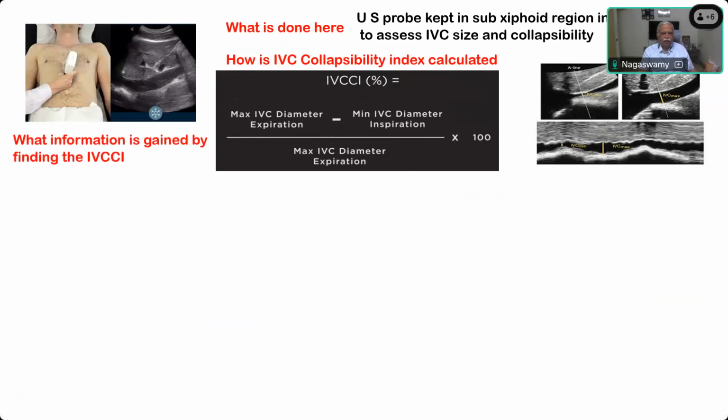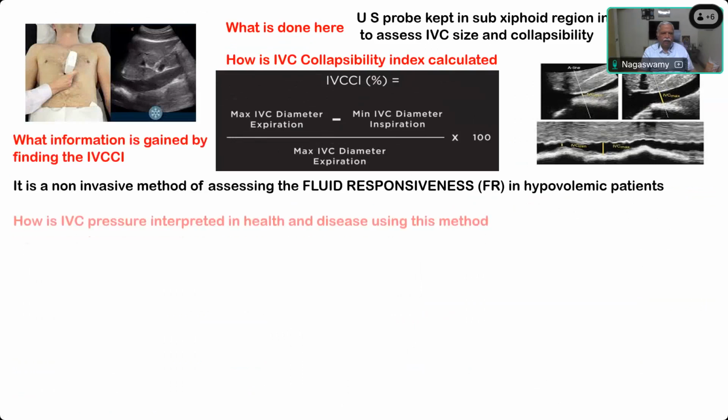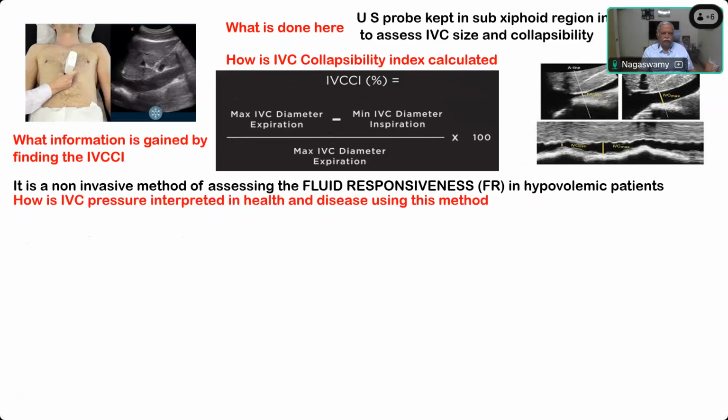So what information is gained by calculating the IVC collapsibility index? Fluid status of the hypovolemic patient. Very good. It's a non-invasive method of assessing fluid responsiveness in hypovolemic patients. How are IVC pressures interpreted in health and disease using this method?